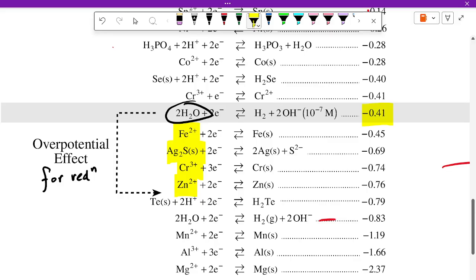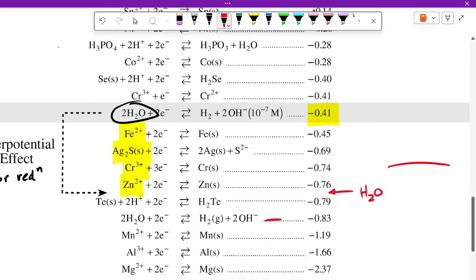But if you're comparing it with iron 2 plus, H2O becomes smaller than negative 0.76. If you're comparing it with iron, or with Ag2S, or with chromium, or with zinc 2 plus. I don't want you to think too hard about this. I just want you to remember that whatever is within the bracket always wins compared to water.